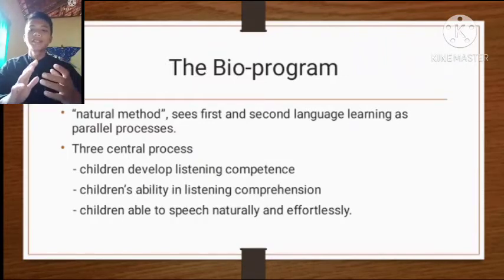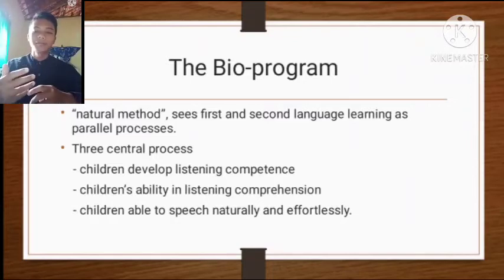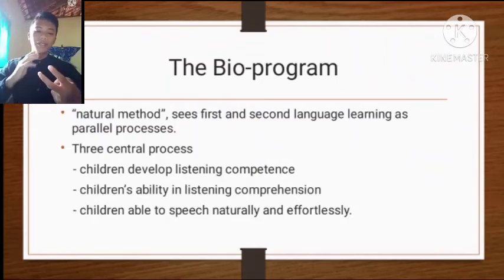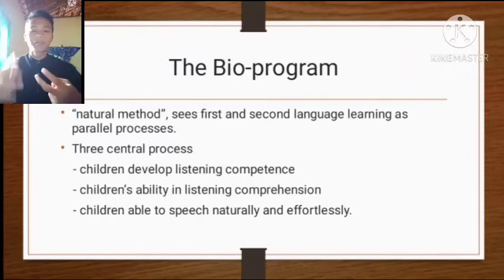The process of the bio-program is to order children to develop their listening competence, and second, the children will improve their listening skill and comprehension.